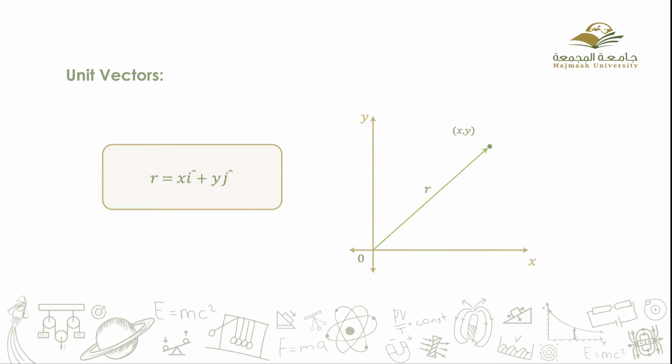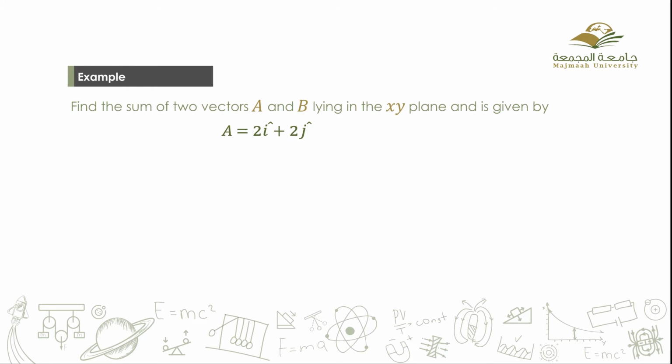So let's see this example to understand how to add two vectors. Find the sum of two vectors A and B lying in the xy plane, given by A equals 2i plus 2j, while B equals 2i minus 4j, so j is in the negative direction.